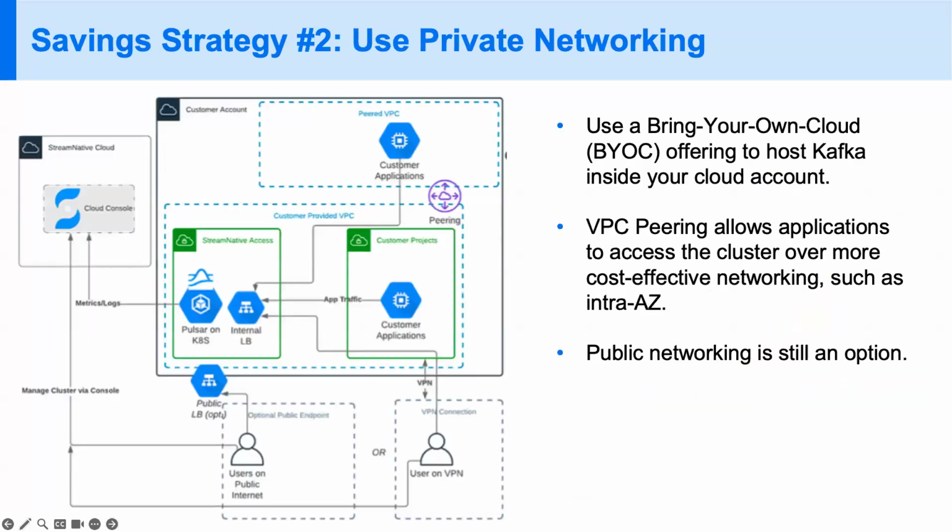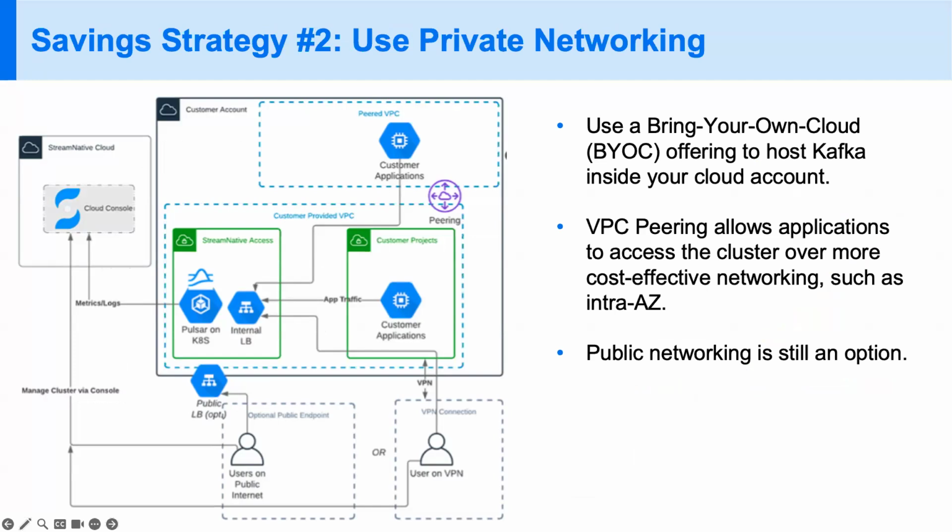So obviously, we recommend using private networking, or avoiding the use of public networking, as one of your best choices. So set up your cluster within an environment that you have access to, being able to co-locate your applications within a networking layer that makes more sense.